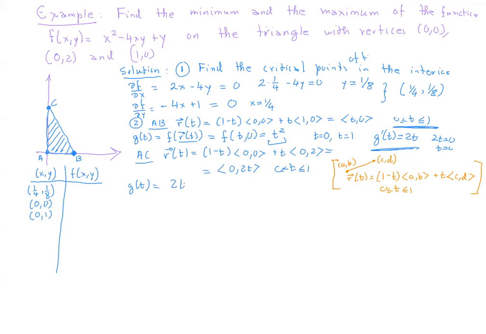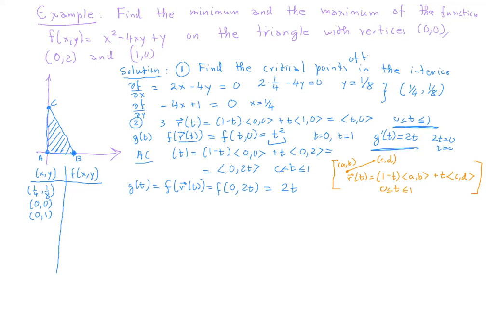Actually, let me show the whole thing. So it will be again f of r of t, which will be f of 0, 2t. And now if we plug it in, we will get just 2t, because by plugging in 0 for x, the first two terms will become 0.